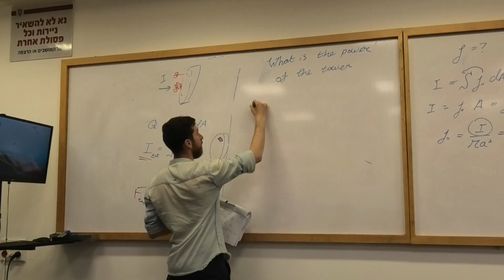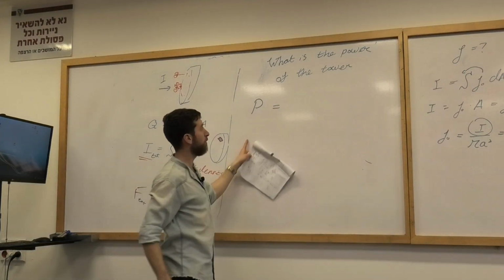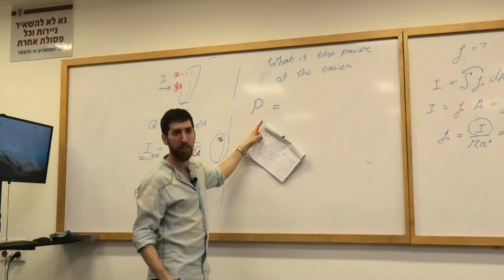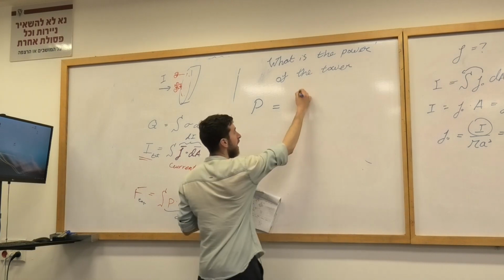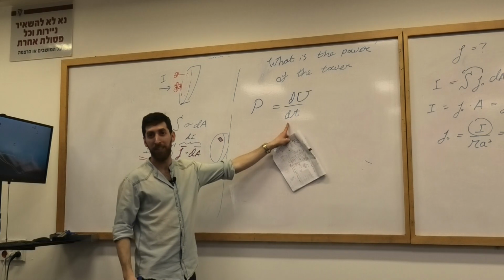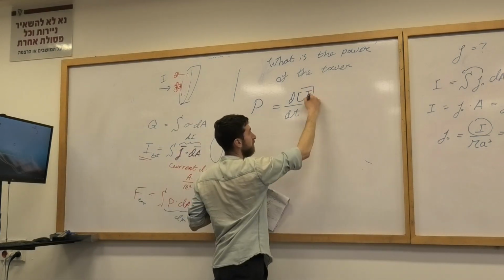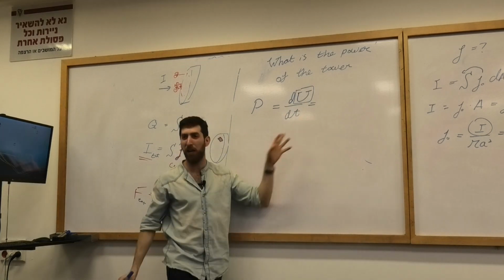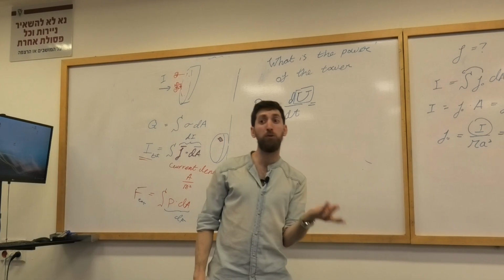Power we denote by P. And as we just said, power is how much energy I consume per second, right? So how do we define U? We talked about that in electricity we don't much care about energy. We care about voltage.